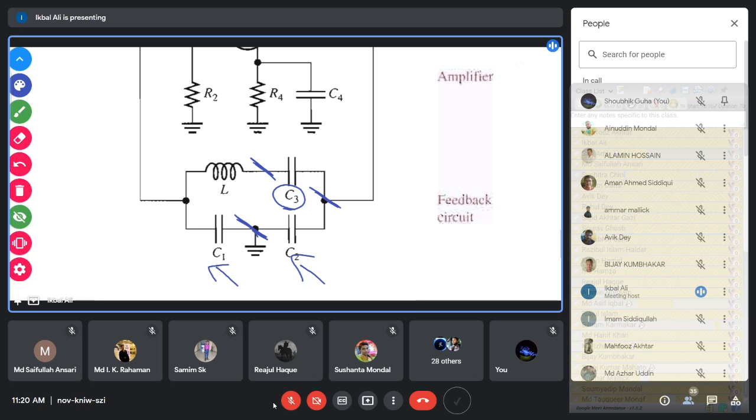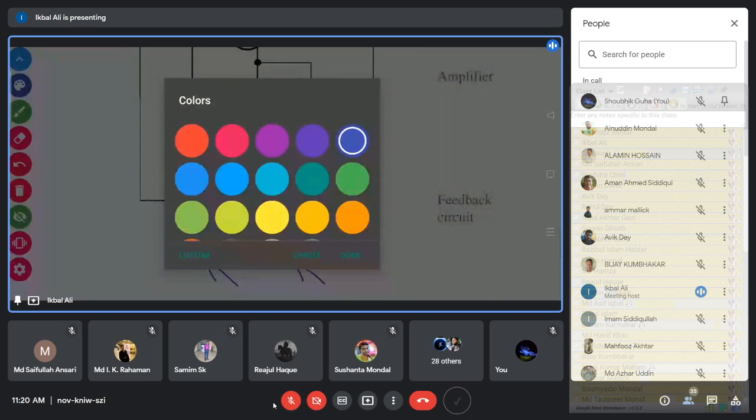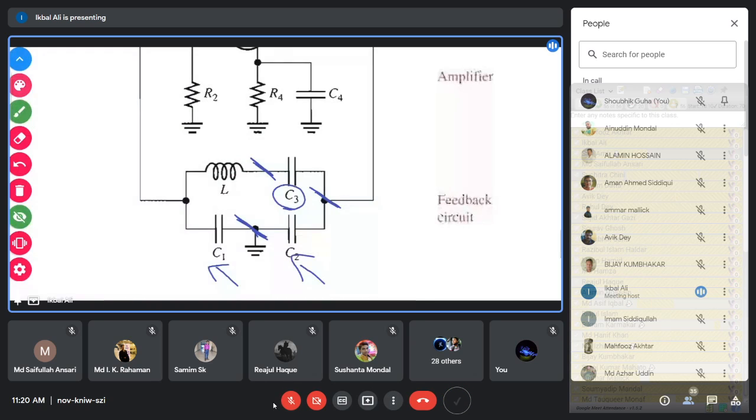What you have to do is make C3 much smaller than C1 and C2.